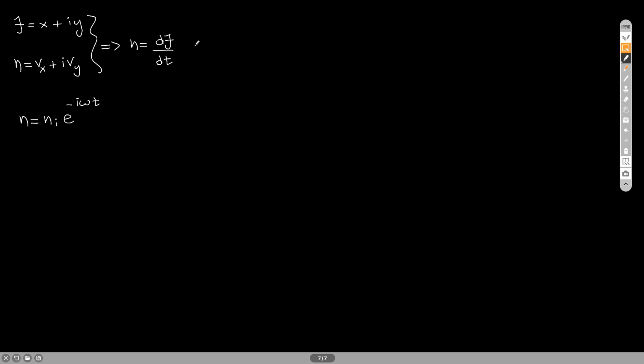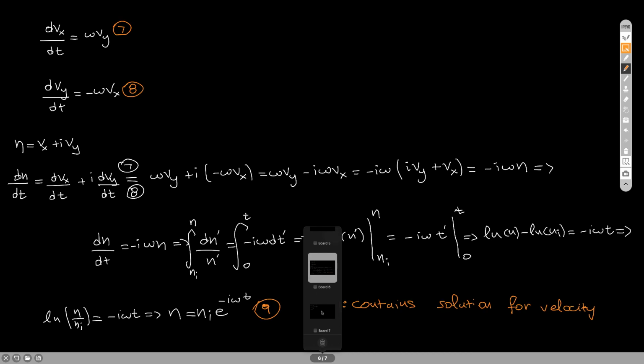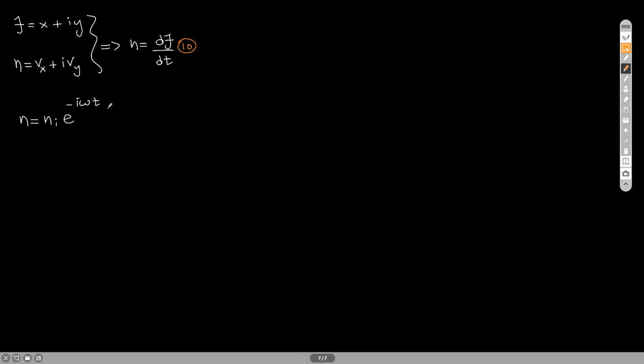So I'm going to use, I think I stopped on equation 9, so let's call this equation 10, and let's go back and see. So that was 9.